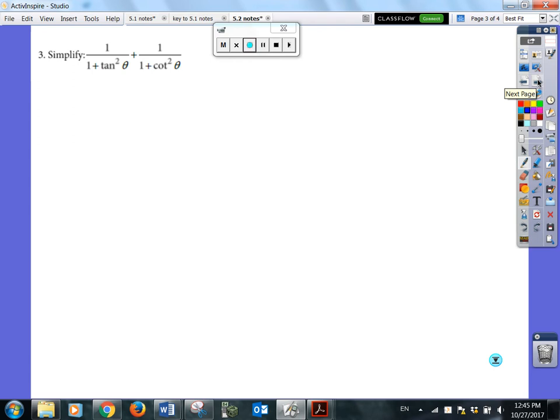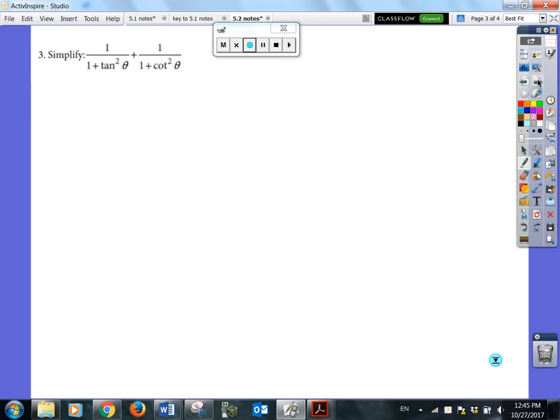All right, this one looks kind of ugly, but it's really not that bad, because if we look at it and we use our identity sheet, we should hopefully see the bottoms are both Pythagorean identities.